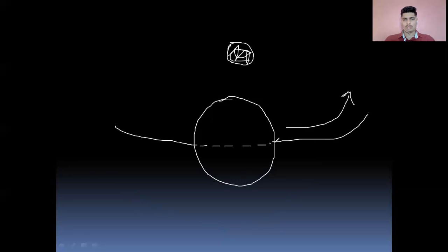We call it Earth's axis, and rotating in this manner, around the axis, in that direction or whichever, but along this axis. So this is what rotation is.